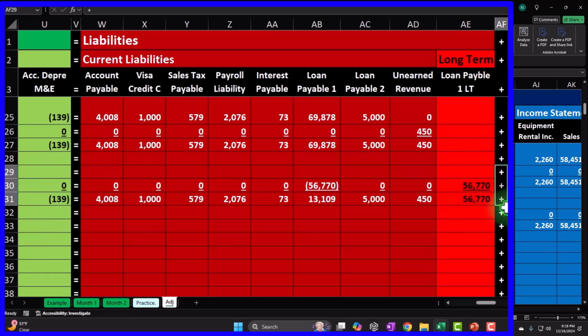All right, so now the long-term portion of the loan is at the 56,770. That makes sense. And the short-term portion is the 13,109.